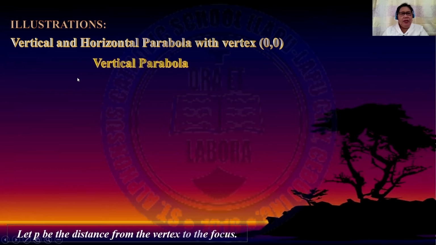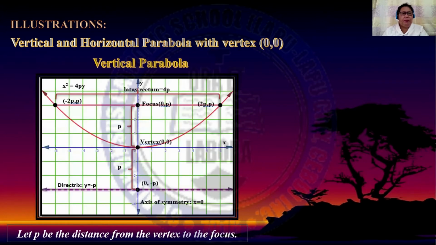Let us have first the illustration of the vertical parabola with vertex 0, 0. So here in this illustration, the vertex is located at the origin. And this point above the vertex is what we call the focus.